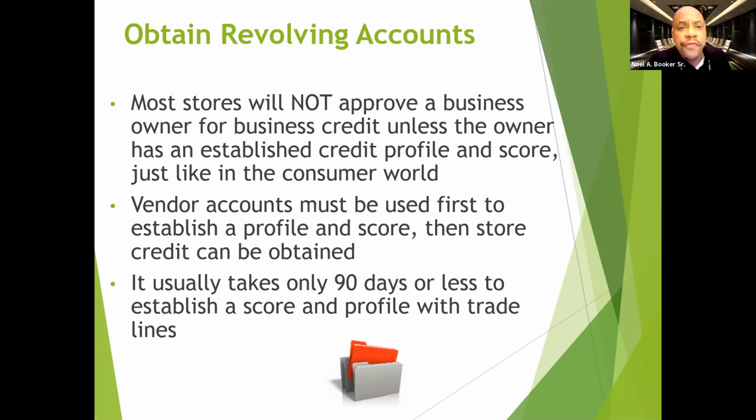So the net 30 accounts we've got to do first. We're doing those first for a reason, okay? So we can get 5 of them and go to the revolving accounts. It usually takes about 90 days or less to establish a score and profile with trade lines.